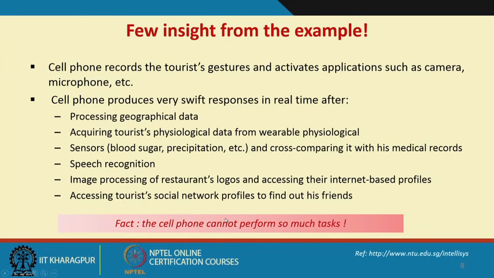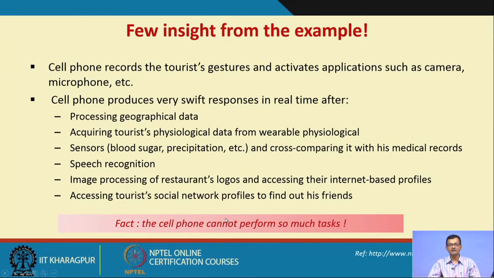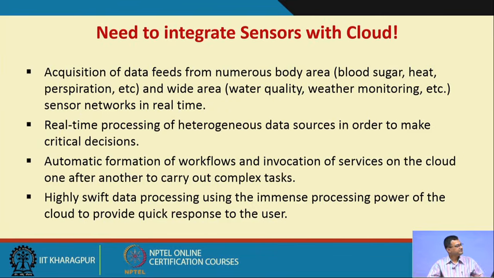So, the fact is that the cell phone cannot perform all the tasks which are needed, right. So, we require something more than this, or coupling sensors with the cloud philosophy. So, there is a need to integrate sensors with cloud, right.